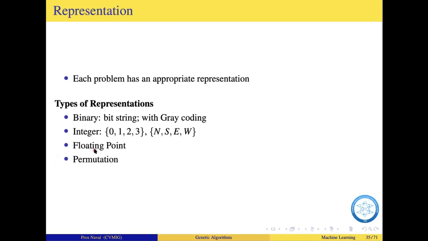And if you're solving a problem like TSP, your traveling salesman problem, you need a permutation representation. So all these representations can actually be handled by your genetic algorithm, modified, of course, from its original SGA form.